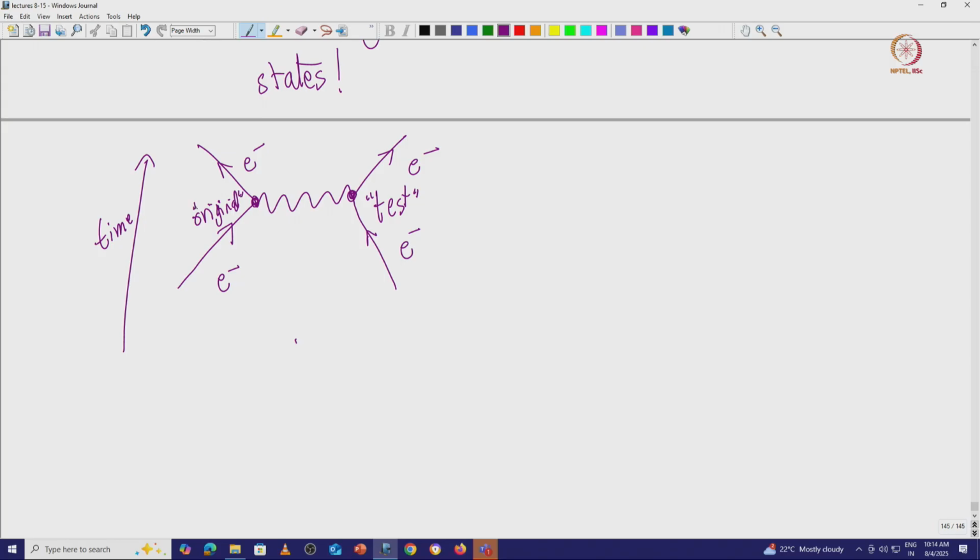The test electron comes here at a distance and the original electron radiates a photon from here, and that is how the test electron will see the force due to the original electron essentially. This entire process is done in relativistic field theory in this particular fashion, and this particular thing is called scattering.